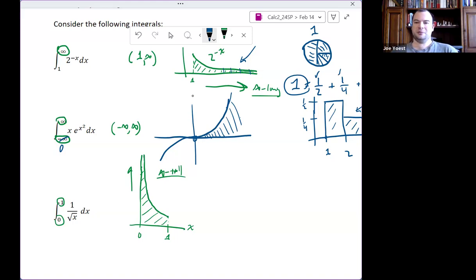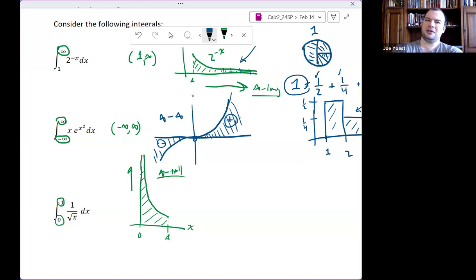It's infinitely long, but it's also infinitely tall. The further we go to the right, the taller the area is, the larger the areas of the Riemann boxes, so to speak, are. But maybe we're tempted to say, well, this is signed area, this is positive. This would come in negative. So I have something like an infinity minus infinity.